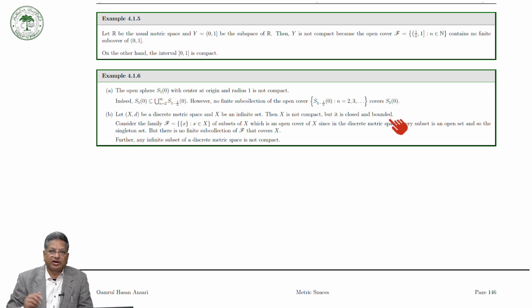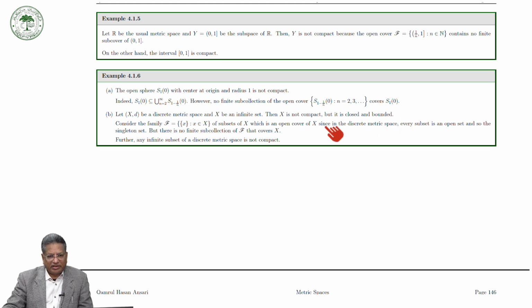What we have learned on the real line is that a closed and bounded subset of the real line is compact. But here we have an example that a closed and bounded subset of a metric space, a discrete metric space, is not a compact set.